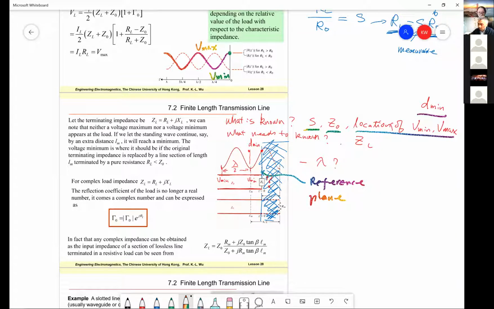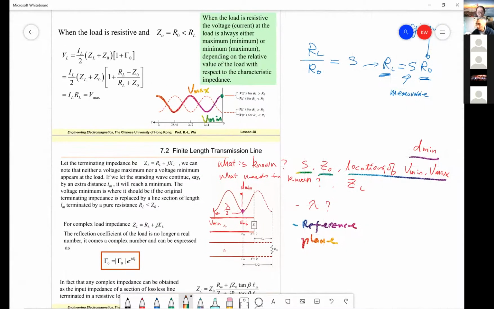Now, my idea is, because I know at this point what the impedance is, because this is a voltage minimum. If you know the voltage minimum, then you know the standing wave ratio, you know the characteristic impedance, you know the load.